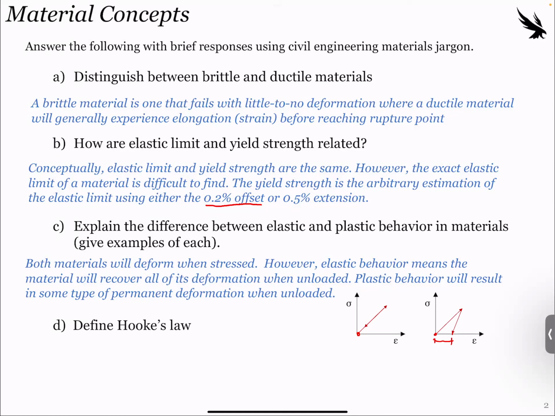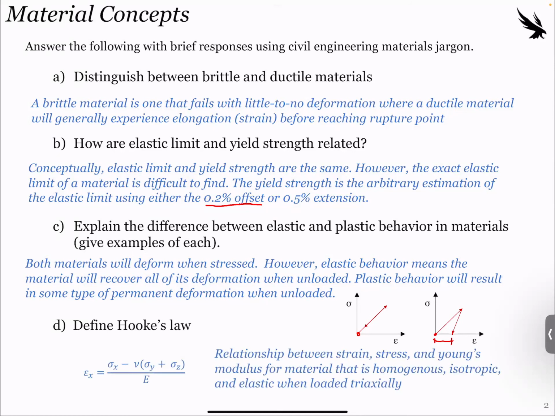Okay, so define Hooke's law. Hooke's law is the relationship between stress and strain in Young's modulus for a material that is homogeneous, isotropic, and elastic when loaded triaxially. So generally what we'll say here is that Hooke's law shows a linear relationship when our stress is less than our elastic limit or our yielding strength.